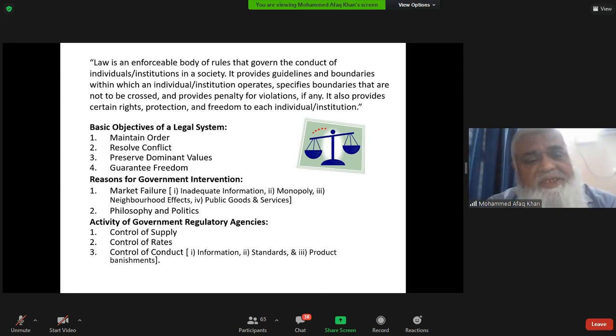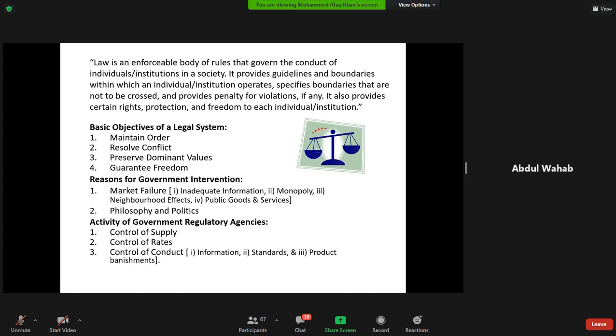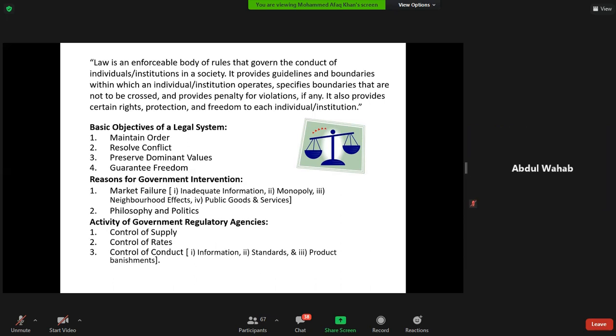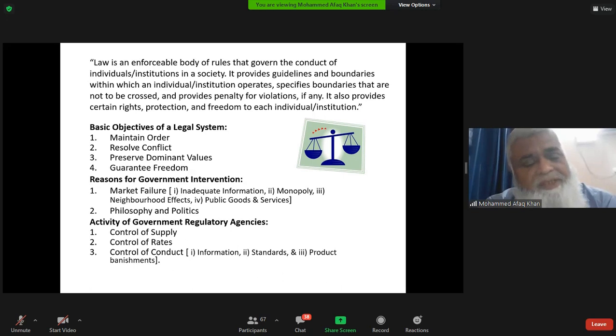Then second is resolve conflict. Whenever there are business transactions, sometimes conflicts arise. Most of the time, even if both parties to a particular contract strictly observe their obligations, there may still be conflicts, which may arise as a result of unforeseen circumstances.